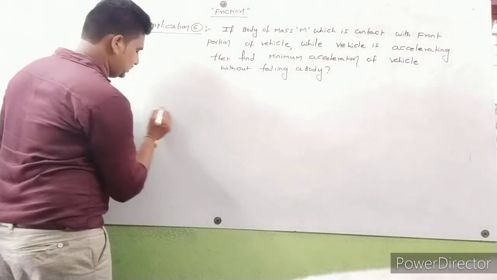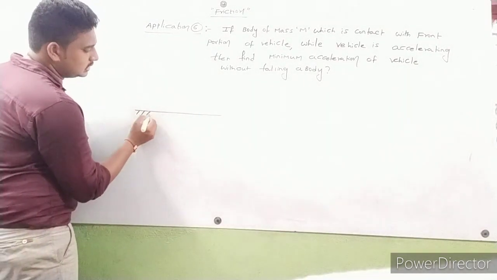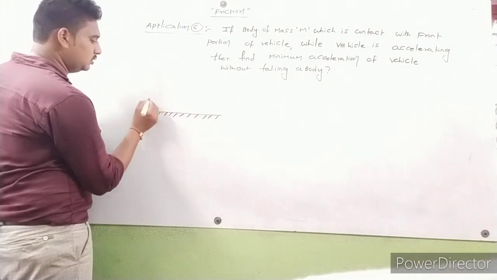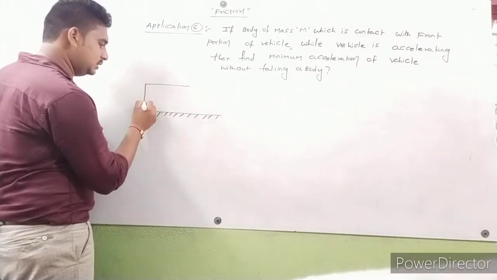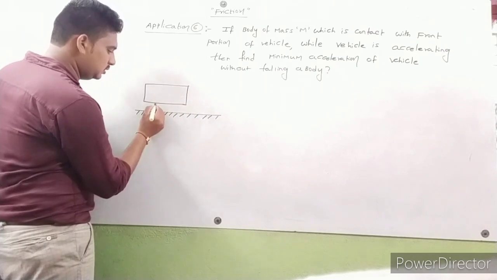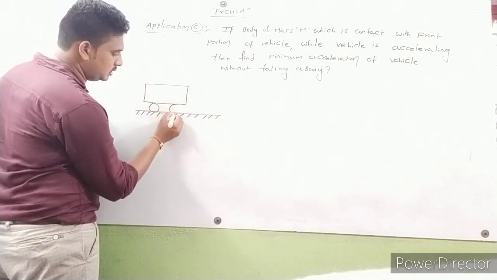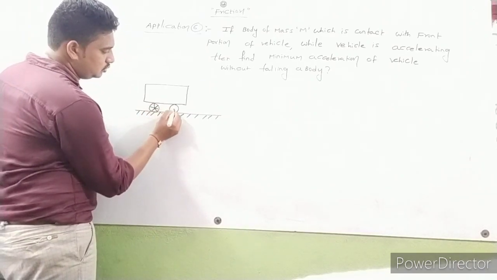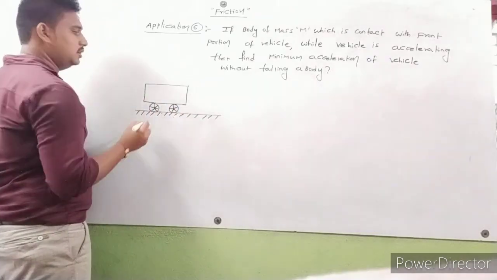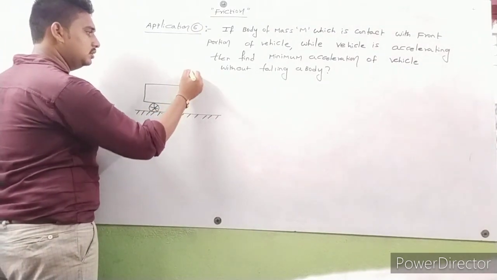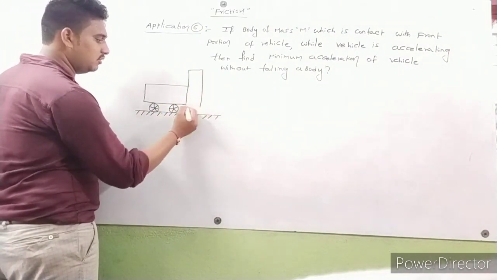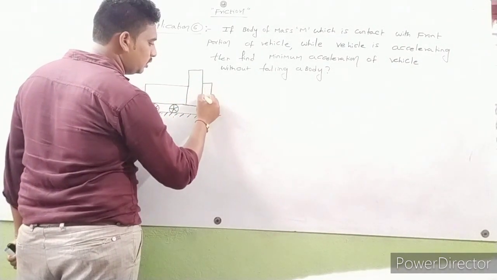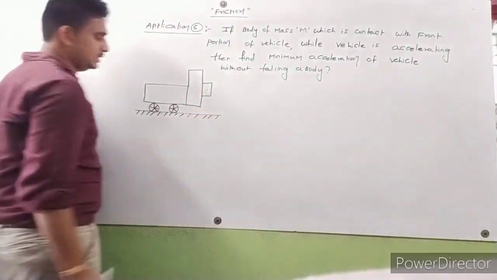So here the diagram, observe carefully. This is a rough surface, and here are two wheels. This is the front portion of the vehicle.